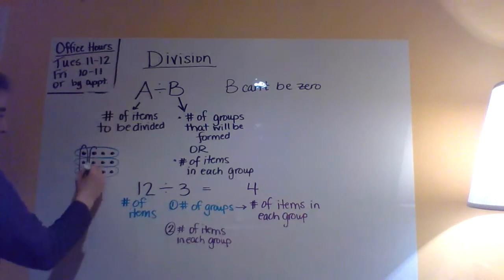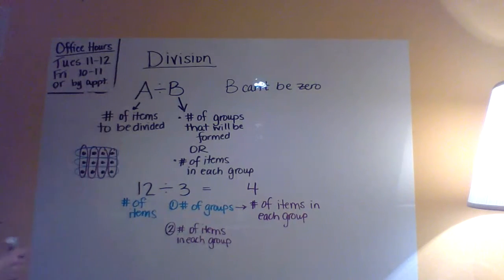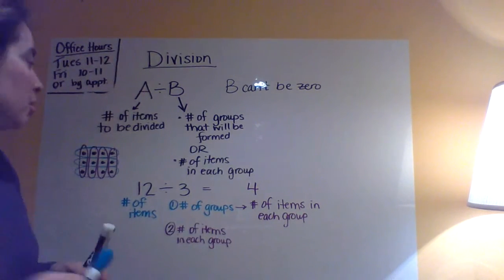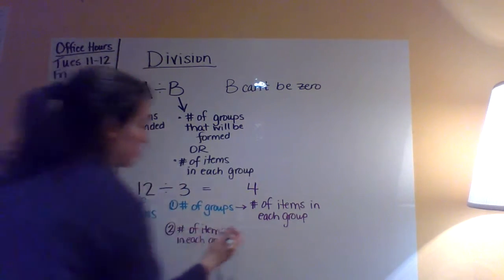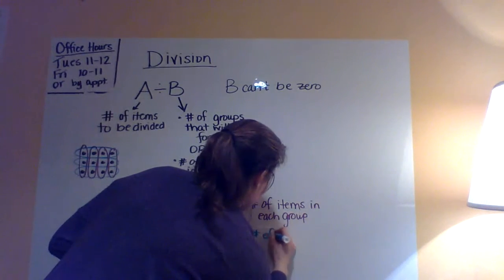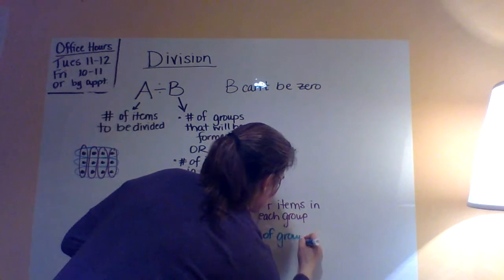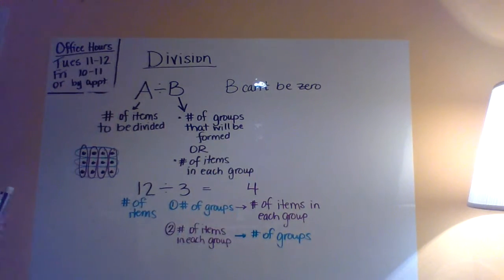So there's 1 group, there's another group, there's another group, and there's another group. Well, now my answer is 4. Well, that tells me not how many are in each group. There are 3 in each group. This tells me now the number of groups. Okay, so it's all the same numbers. It's just the representation of what you talk about there.